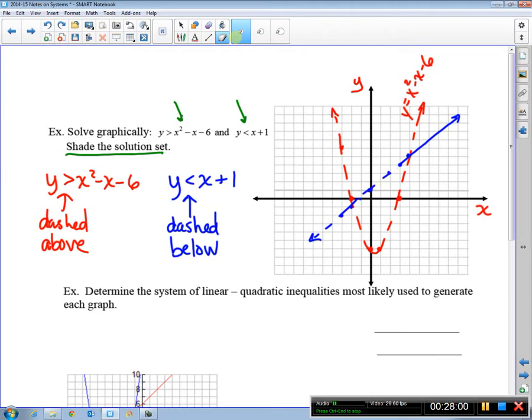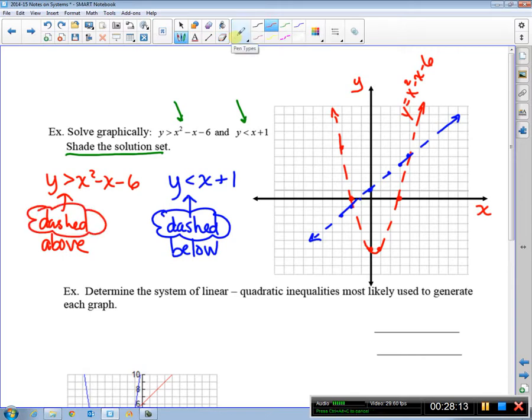Careful. I always forget to draw a dashed line, so I understand. But I think that's one of the reasons I write it. And then when I go back and look, it's a nice reminder to fix it, as you just saw. Let's see, this is actually y equals x plus 1.